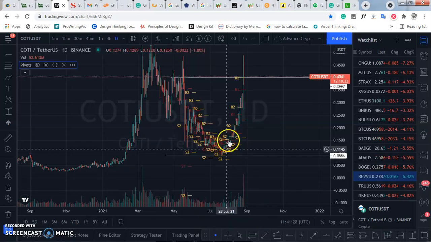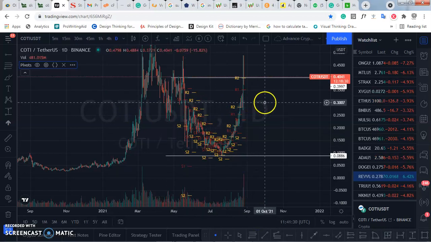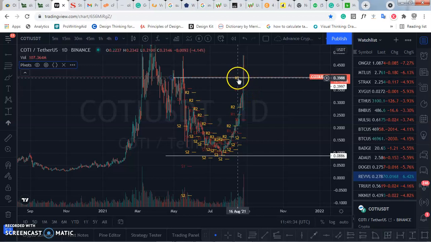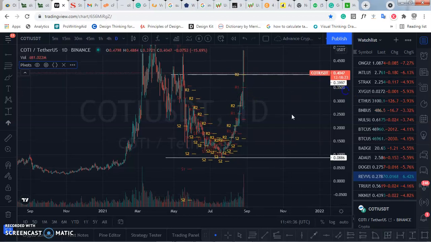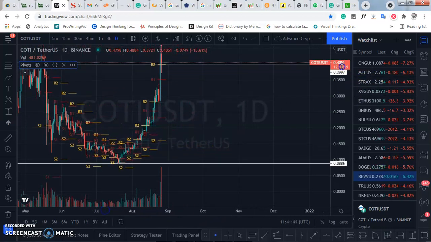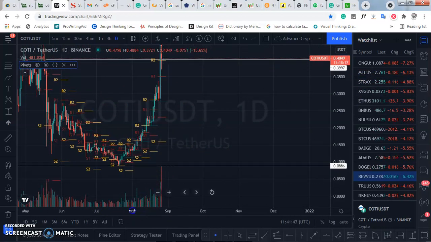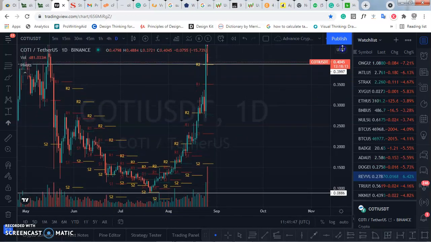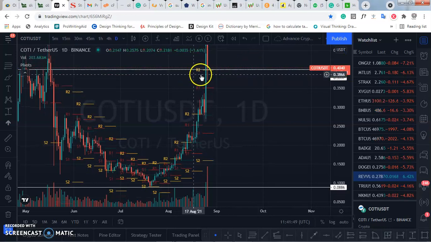When I get it to weekly, you can obviously see that the point that we marked, the pivot point has identified that place as an area of resistance. You see it, the pivot point has identified this as an area of strong resistance.